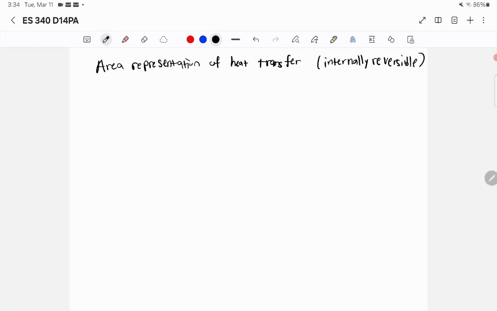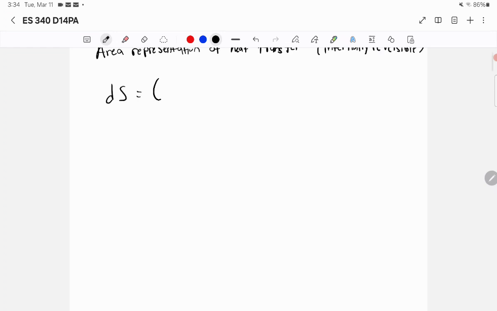So recall that we had the following equation, in the case of an internally reversible process, for the change in entropy.